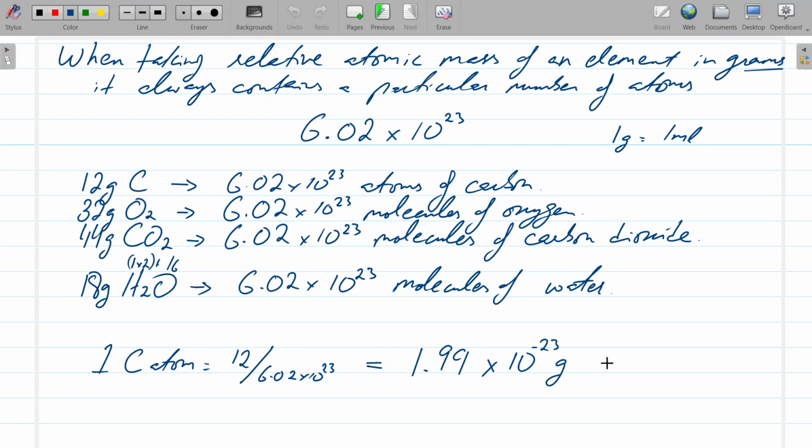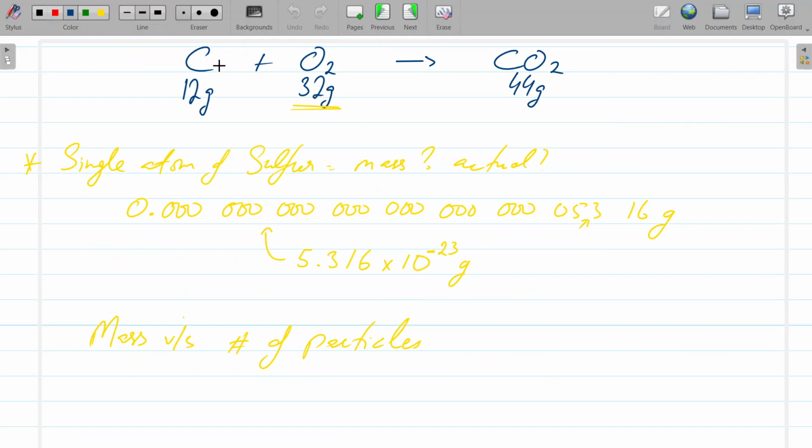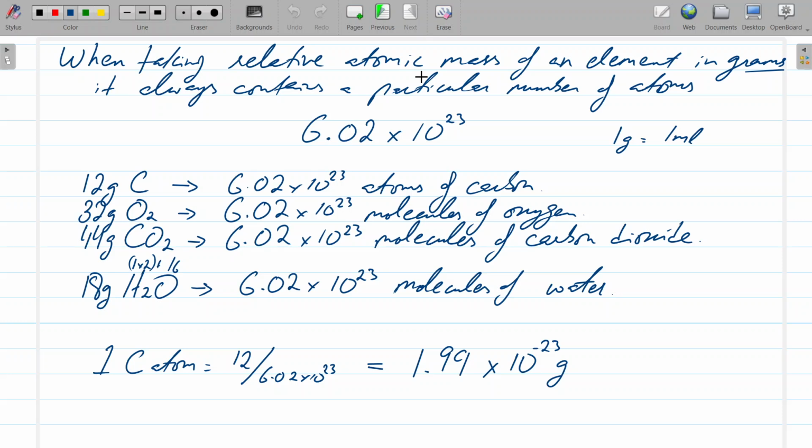But again, if you're carrying out a reaction which looks like this on paper, a single atom of carbon and a single molecule of oxygen giving you a single molecule of carbon dioxide, you can't do that in the lab, can you? You can't pick out a single carbon atom, or can you? You can't, right? So this is impossible, quite simply. Picking one single atom out for an experiment.